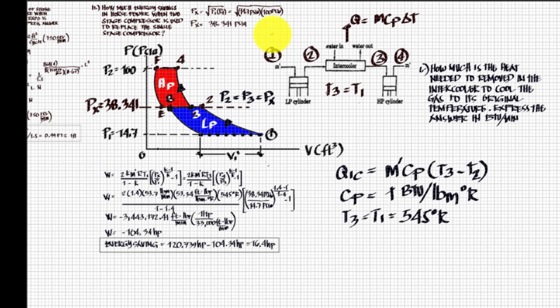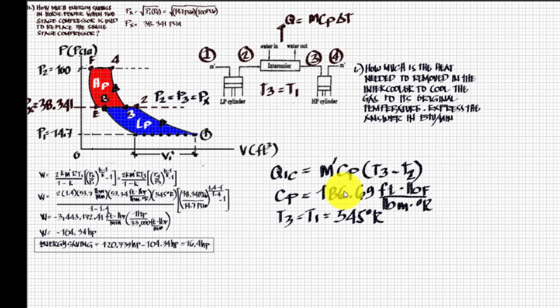What we don't have is the temperature at point 2. So, this is supposed to be the specific heat of air that is already computed previously, that is 186.69 foot-pound force per pound mass degree Rankine.